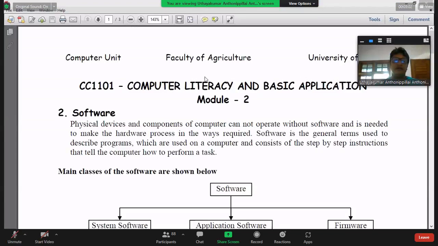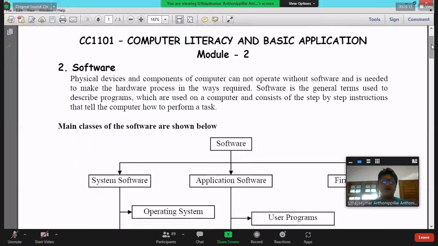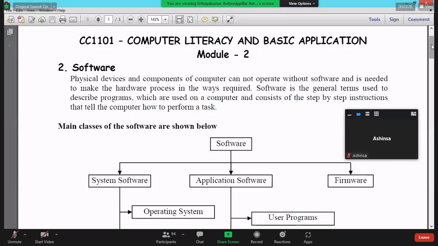In our last class, we discussed what we mean by the term software. Physical devices and components of a computer cannot operate without software, which is needed to make the hardware process in the way required.